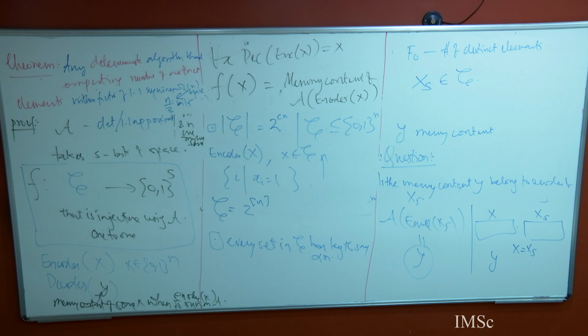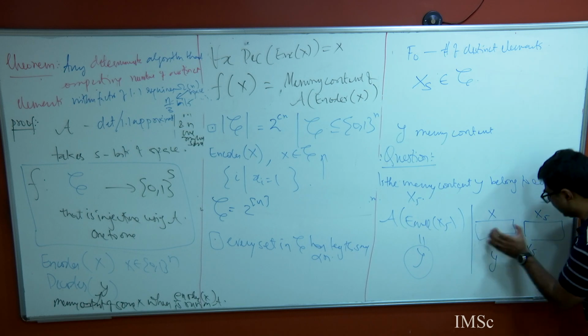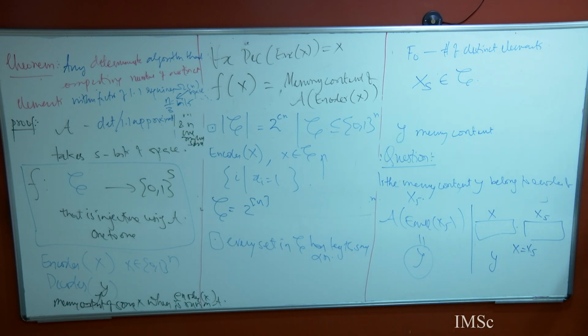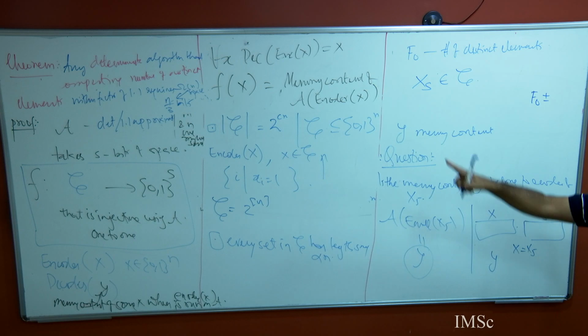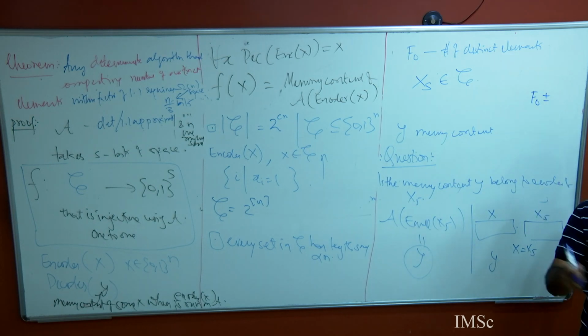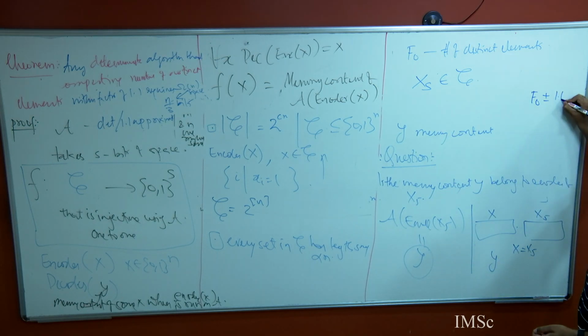If they are the same, then I'm going to get alpha n, plus or minus whatever little variations I have, because whatever that y is, it's some approximation, right? But notice if x and xs are the same, like the stream is the same, what I'm going to get is f0 plus or minus the error term, which is like 1.1 f0. This is what I'm going to get.